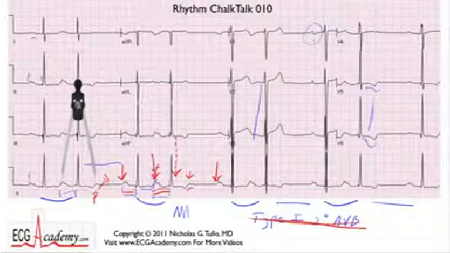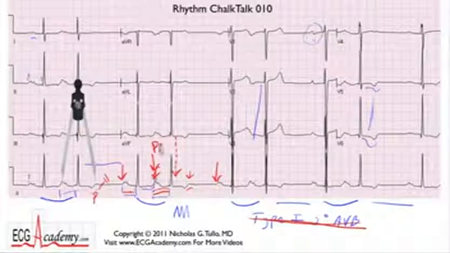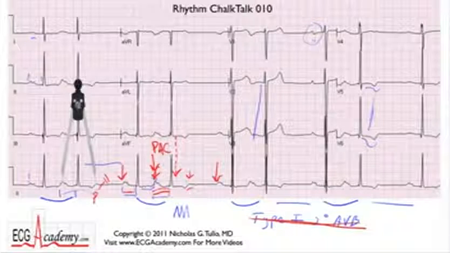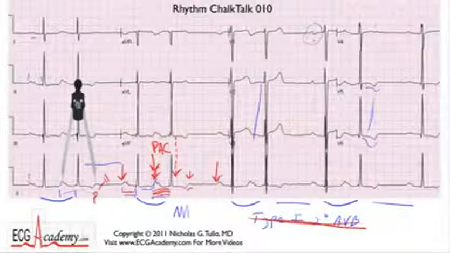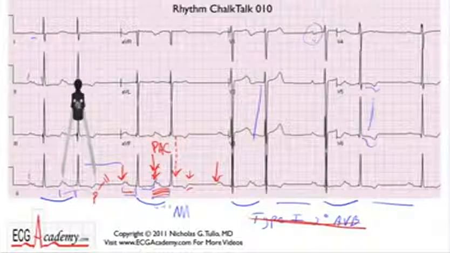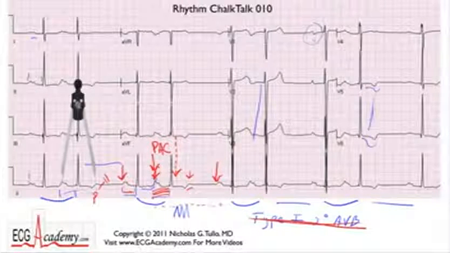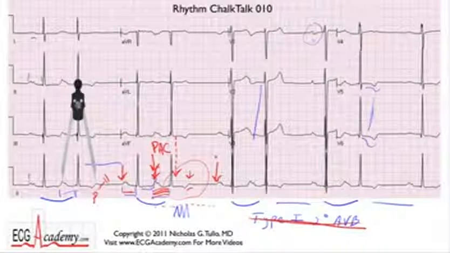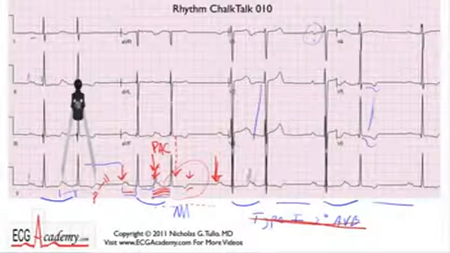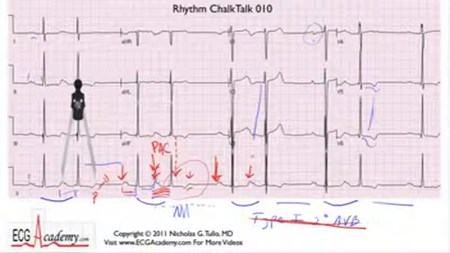So this P wave was a premature atrial contraction, or APC, whatever you want to call it, and it conducts with a first degree, and then what happens? You get a compensatory pause, and there's no other P wave in here. There's no P at all. What you get is the next sinus beat, and then the next PAC.